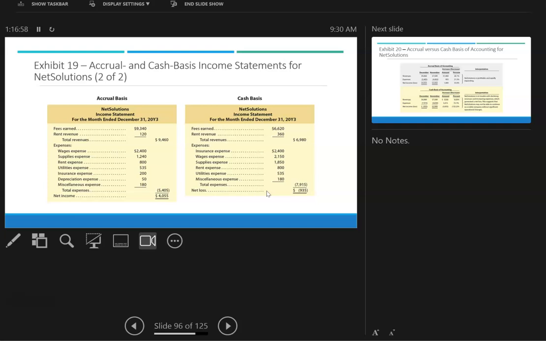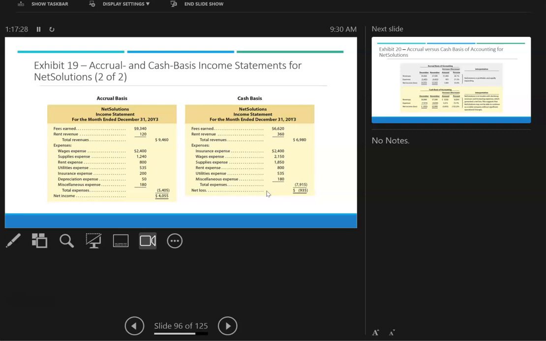For Net Solutions here, if we look at the accrual versus the cash, under the accrual, we record revenues when we earn them, not just when we receive them. So here, our fees earned and our rent revenue is a lot higher than under the cash basis. Under the expenses, we've got some differences.